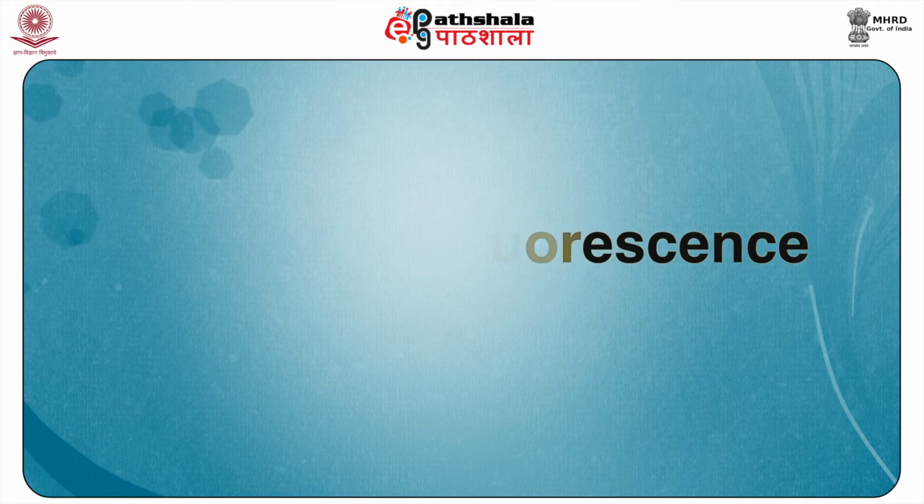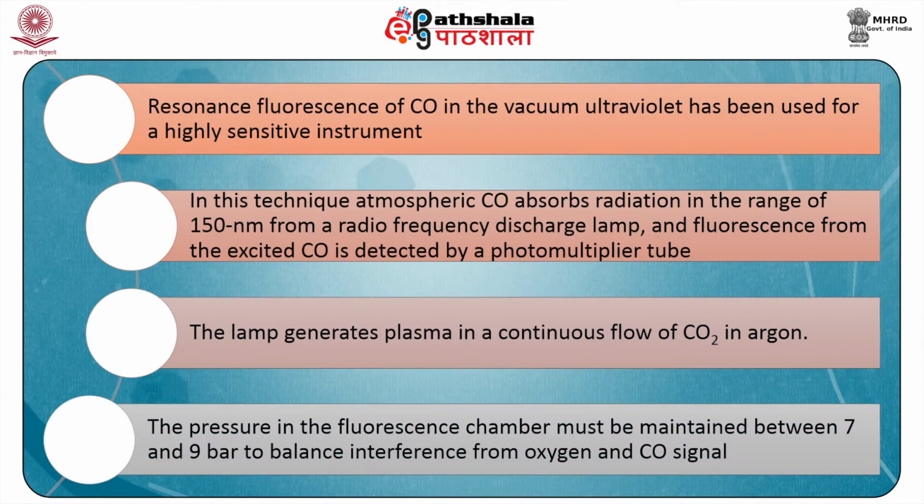Resonance fluorescence. Resonance fluorescence of carbon monoxide in the vacuum ultraviolet has been used for a highly sensitive instrument. In this technique, atmospheric carbon monoxide absorbs radiation in the range of 150 nanometer from a radio frequency discharge lamp, and fluorescence from the excited carbon monoxide is detected by a photomultiplier tube.